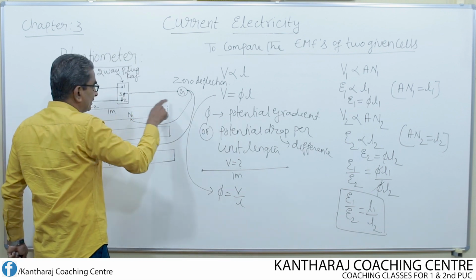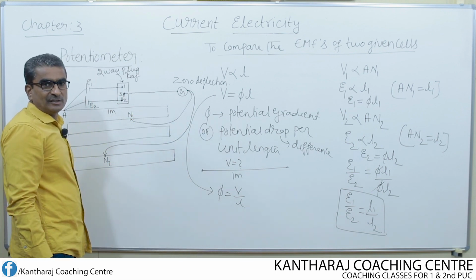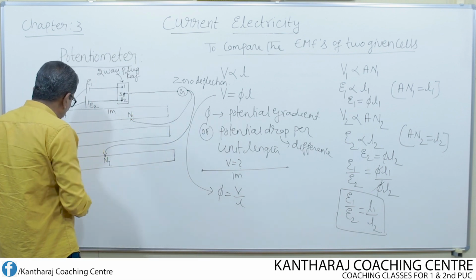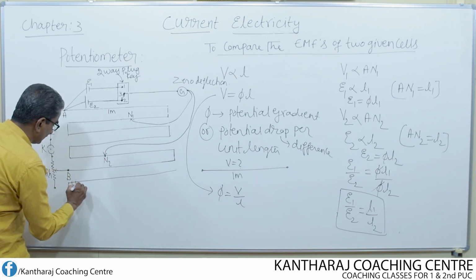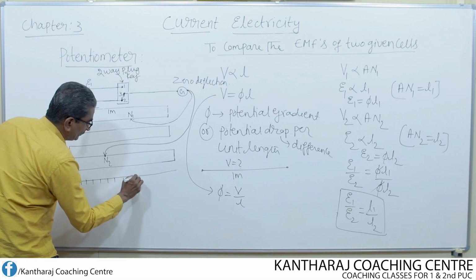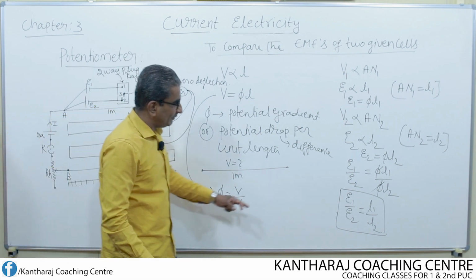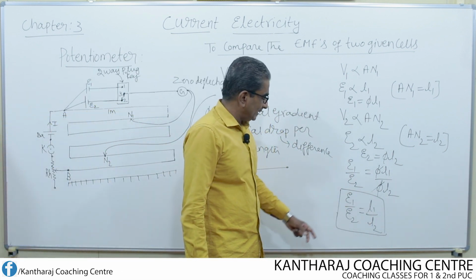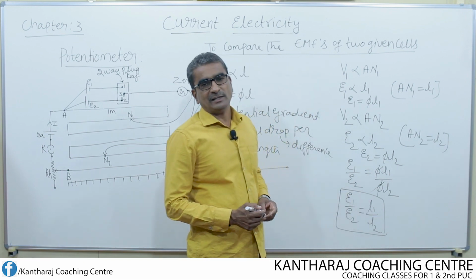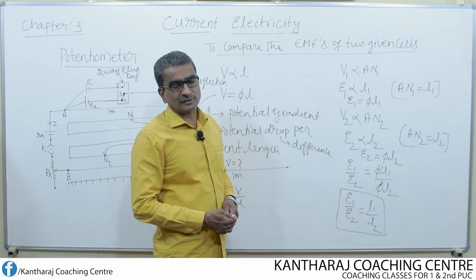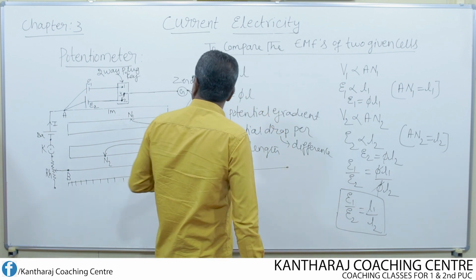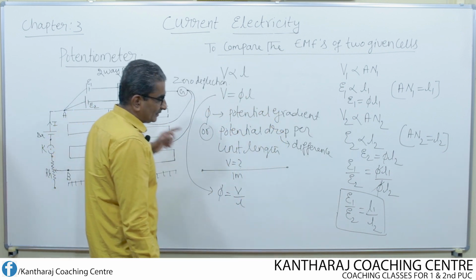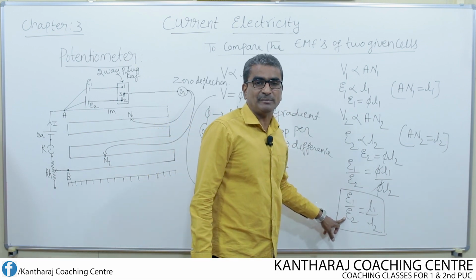L1 we measure by making use of a scale. Usually one scale will be provided parallel to the wire. With the help of the scale, we measure L1 and also L2. Then if we divide these two lengths, we get the EMF ratio of the two cells. Also we can find the EMF of one of the cells. Suppose the EMF of the first cell is known, then the EMF of the second cell can be determined.